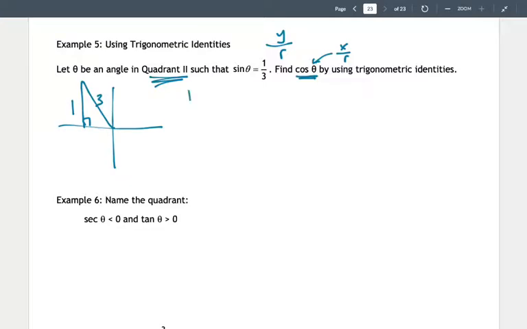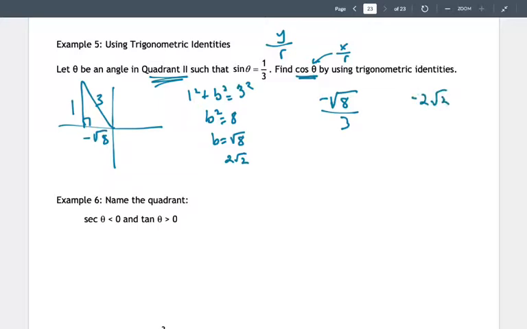So I'll do 1 squared plus b squared equals 3 squared. That gives me b squared equals 8, so b equals the square root of 8. I'm going to just keep it that way. You could write it as 2 square root of 2, but I'm going to keep it square root of 8. And that's negative in that quadrant, so cosine would be a negative square root of 8 over 3. If you kept it simplified, it would be negative 2 square root of 2 over 3.